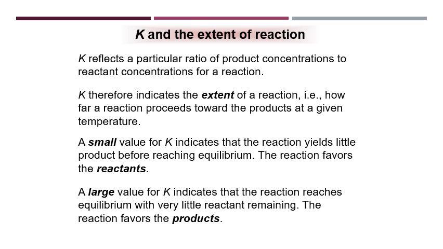If we have a small value for K, and typically when we talk about this, that small value, we're representing K being less than 0.01, that will indicate that we have very little product that has been created before it reaches equilibrium, so therefore the reaction will favor the reactants. That just simply means that at equilibrium, there will be a much greater amount of reactant than product molecules.